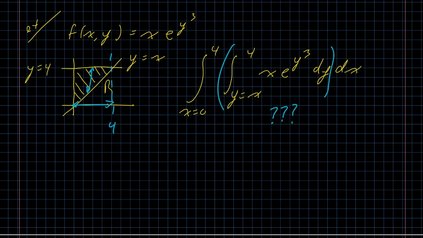But immediately we run into a problem. Integrals involving exponential functions are very straightforward. The integral of e to the u du is equal to e to the u. But in order for this to work, we need to have the same thing in both of these places.